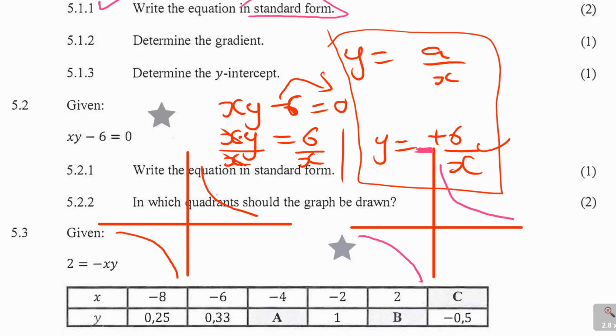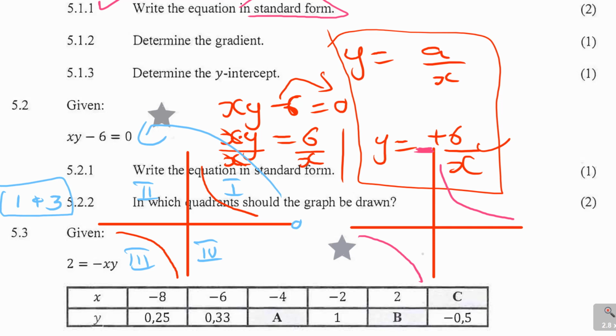Now, what is this quadrant? This is how you name them. This is quadrant 1. Start from 0 here, anti-clockwise, you go like this: 1, 2, 3, 4. So you can see it's in quadrant 1 and 3. So in which quadrant should the graph be drawn? Here you say 1 and 3. That was the answer there.